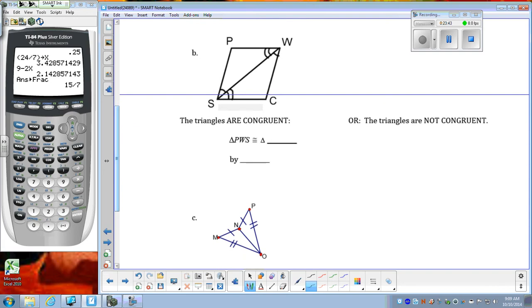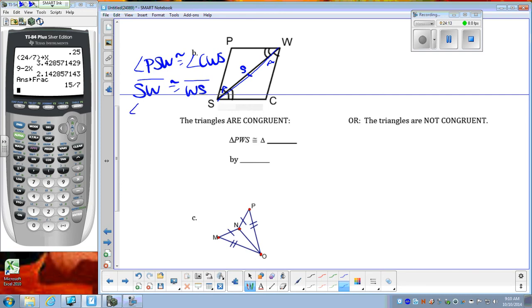Next one I have, I know angle PSW is congruent to angle CWS. I know that side SW is congruent to side WS because they're the same side, because both triangles use this side.